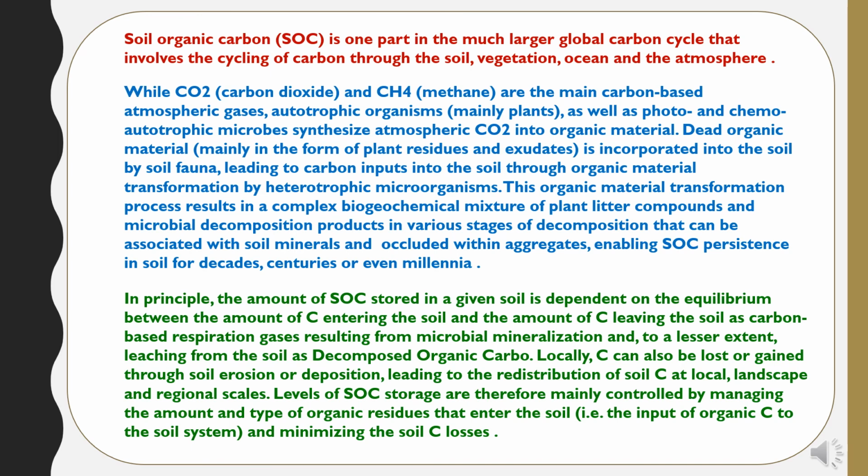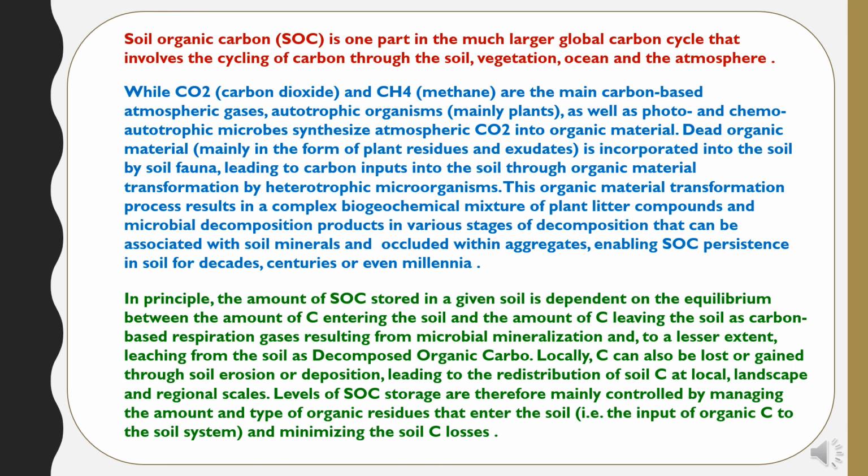Dead organic material, mainly in the form of plant residue and exudates, is incorporated into the soil by soil fauna, leading to carbon inputs into the soil through organic material transformation by heterotrophic microorganisms. This process results in a complex biogeochemical mixture of plant litter compounds and microbial decomposition products in various stages of decomposition that can be associated with soil minerals and occluded within aggregates, enabling soil organic carbon persistence in soil for decades, centuries or even millennia.